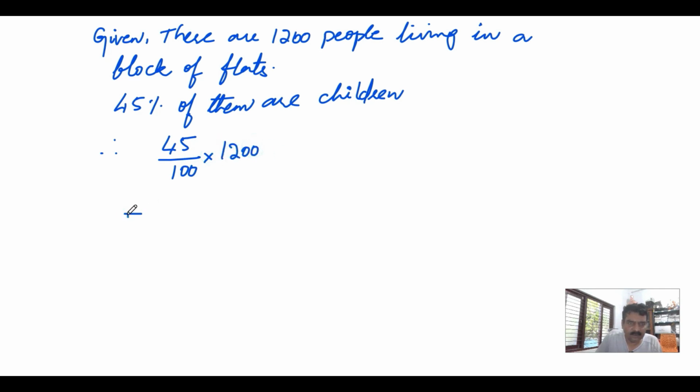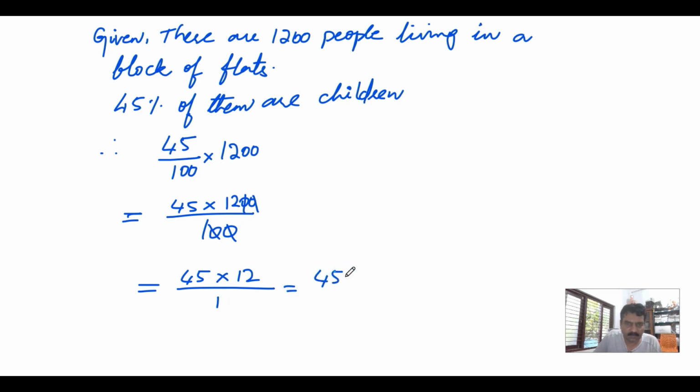So here we'll get it as 45 into 1200 by 100. These two zeros cancel, and what you get is 45 into 12 by 1, that is nothing but 45 into 12. We'll do it here.